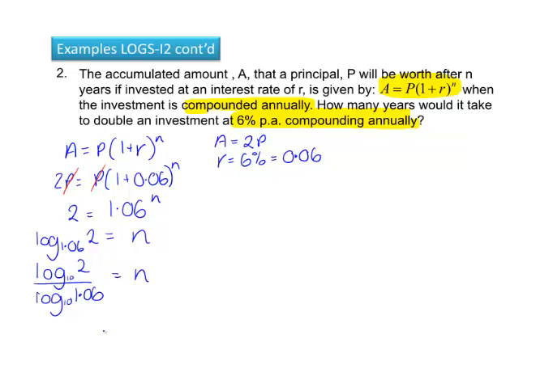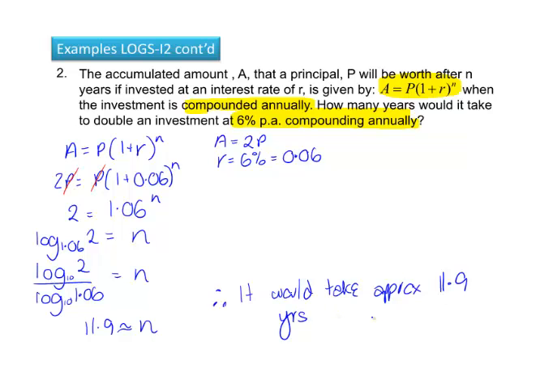Plug that into your calculator and you get approximately 11.9. So your therefore statement would be it would take approximately 11.9 years. Now you could work out 0.9 times 12, it's approximately 11 months, so you've got 11 years, 11 months for the investment to double.